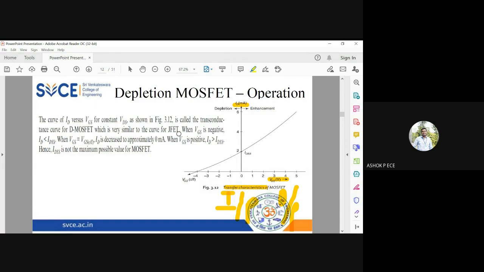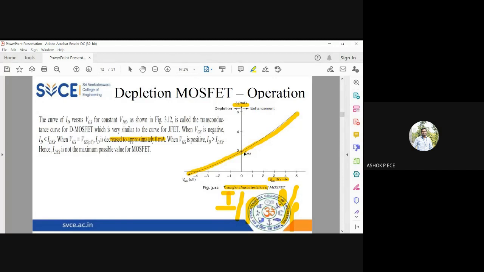The graph is very much similar to your JFET, right? When VGS is negative, the current starts reducing from the maximum value. And when VGS equals VGS off, I can write ID is 0 milliamperes. When VGS is positive, ID will always increase from the maximum value, IDSS.